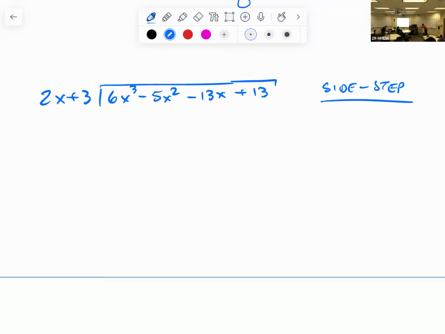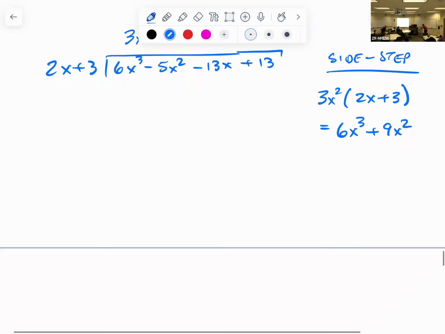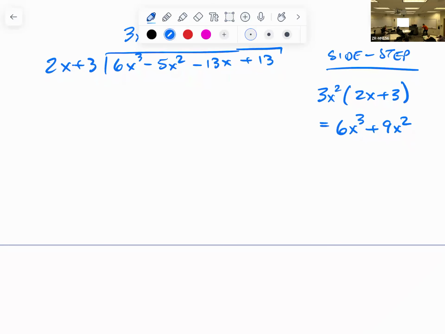2x times what makes 6x cubed? 3x. Almost. 3x squared. We have our side step, and again, this is why I bring it over and flip the signs.